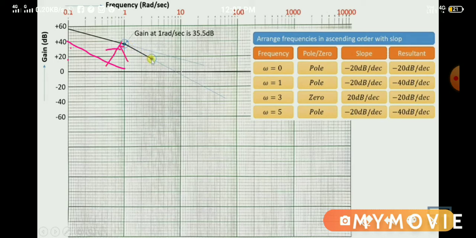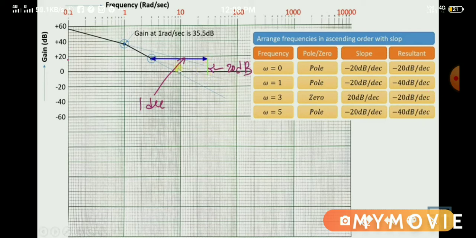So you can see this line. So take a parallel line till omega equals to the next corner frequency 3, right?